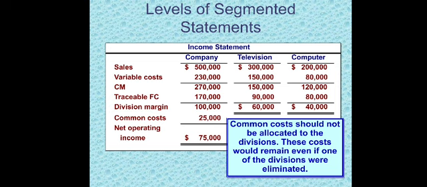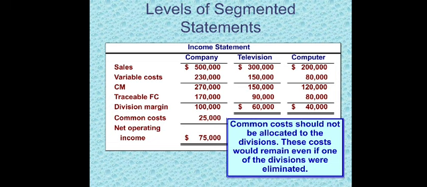Common fixed cost cannot be divided or allocated to segments. Remember the definition. Traceable fixed costs are fixed costs that can be associated with one segment. Common fixed costs are fixed costs that will not become zero even though segments of the business are closed down.